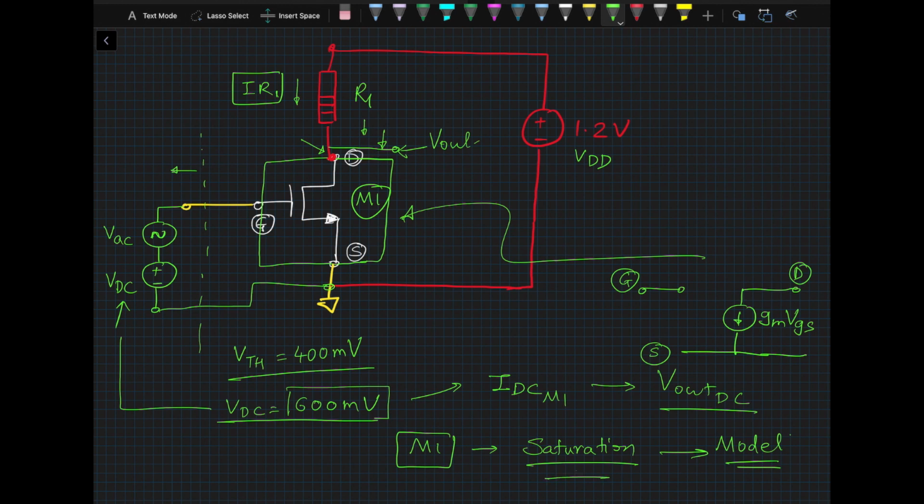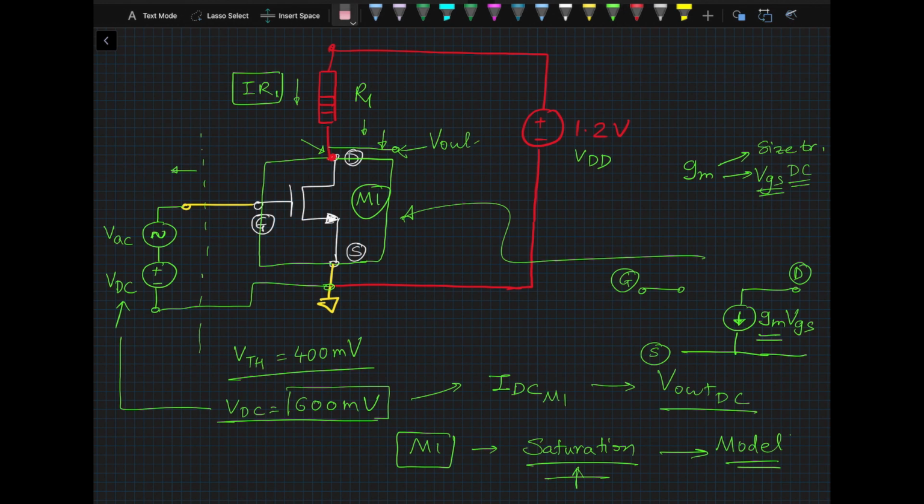Based on this, I know the model looks like this. The current source that you're seeing is a controlled current source, a voltage controlled current source, whose gain is called the transconductance, GM. The value of GM is decided by a few things: the size of the transistor and the VGS applied, meaning the DC part, not the AC part.